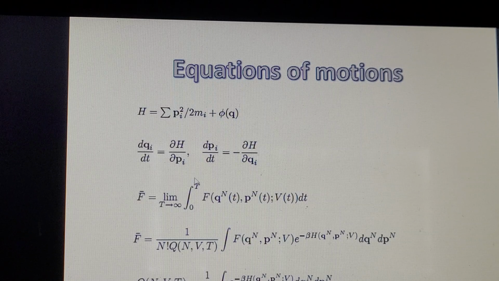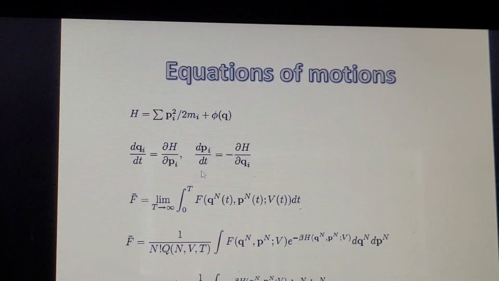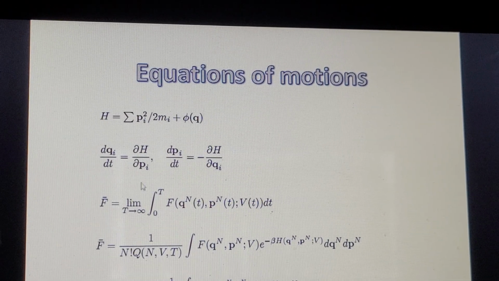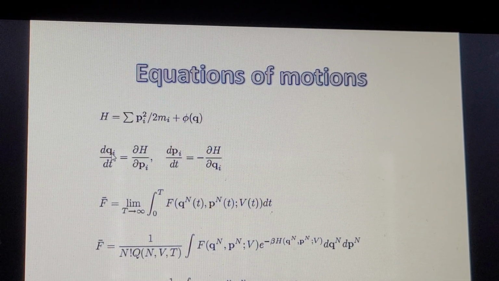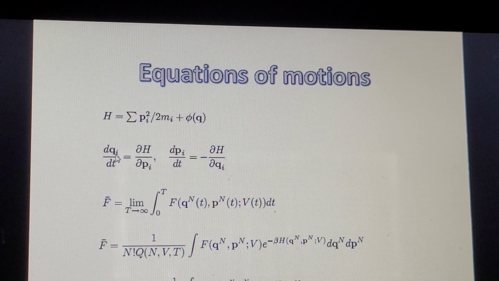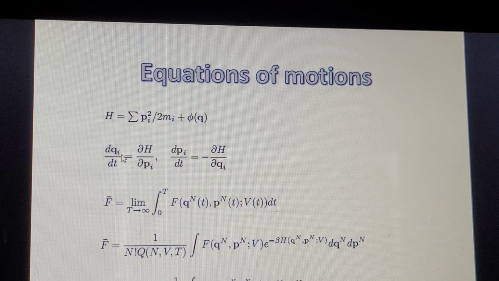And you also have the Lagrangian equation. So Q is the position, and when you say Qi, it means the position of the i-th atom. H is the Hamiltonian, and P is the momentum.